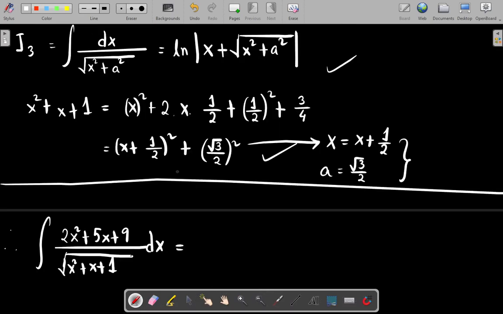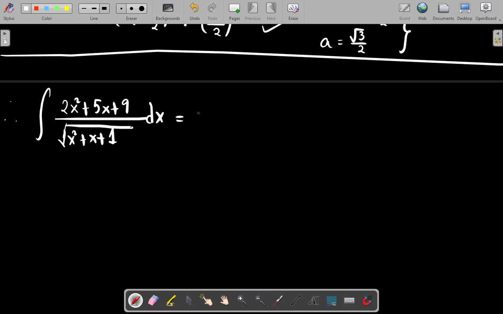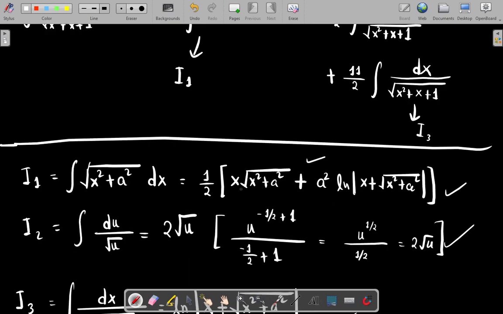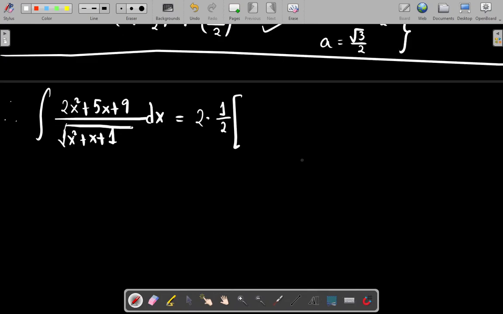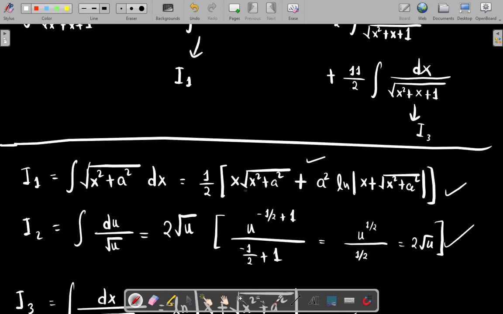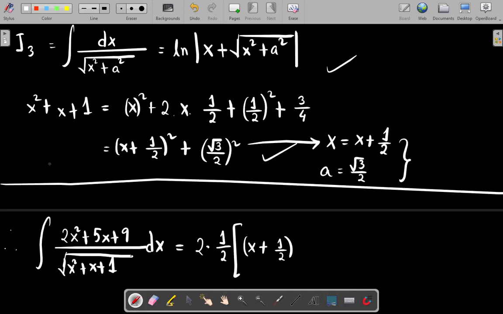So this changes to 2 times half times x plus half times square root of x square plus a square. So x square plus a square is nothing but x square plus x plus 1, right?